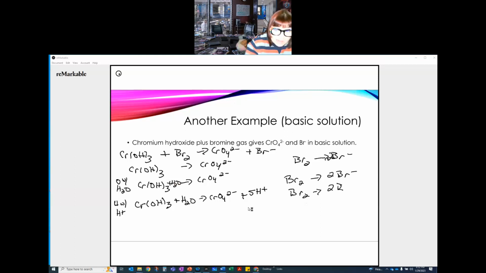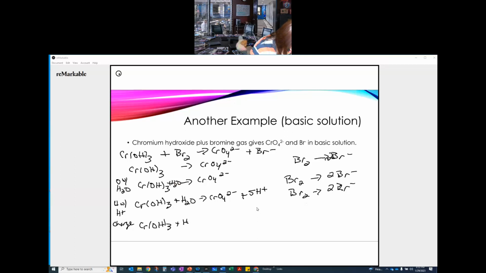I just don't want to leave it hanging out up there, so I'm going to pull it down. The next thing you need to worry about is charge. So I have Cr(OH)3 plus H2O goes to CrO4 2 minus plus 5 H plus. On my reactant side, I have no charge. On my product side, I currently have 5 plus and 2 minus, which gives me 3 plus. So that means I need to add electrons there.